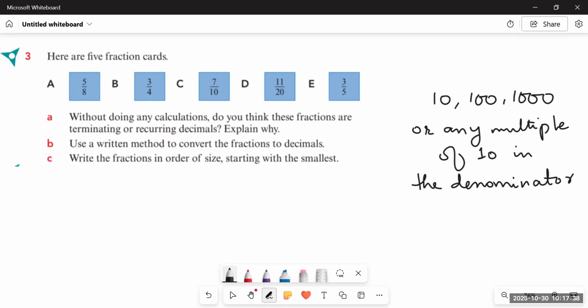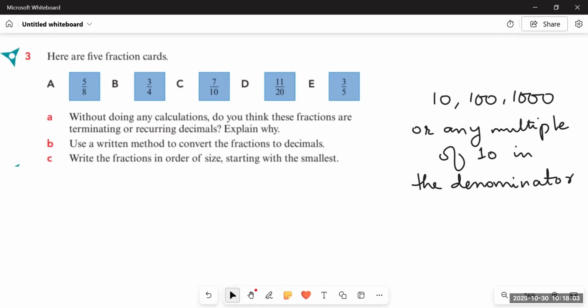Here we have 8, 4, 10 itself, 20, and 5 as the denominators. And we can easily convert these denominators into either 10 or 100 or 1000 or any other multiple of 10, like 10,000, 100,000, million, and so on.